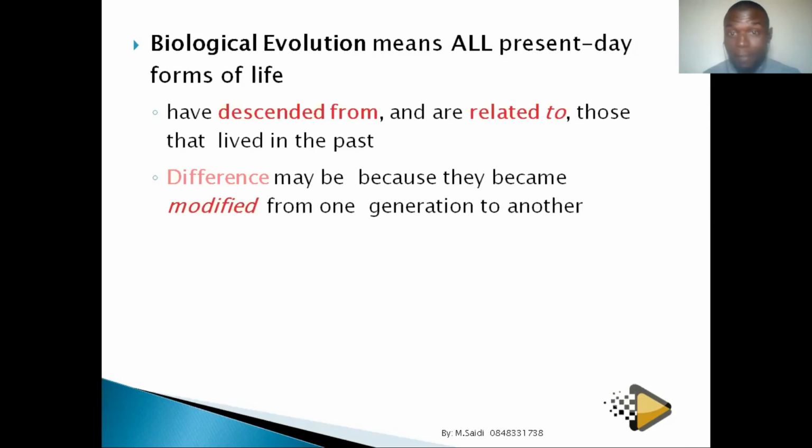But some people say that if you came from monkeys, then why are monkeys still alive? Why should we have monkeys up to now if we came from monkeys? We will see whether you came from monkeys, chimpanzees, or somewhere else. We are saying that the difference may be because of the modification which is taking place over generations.